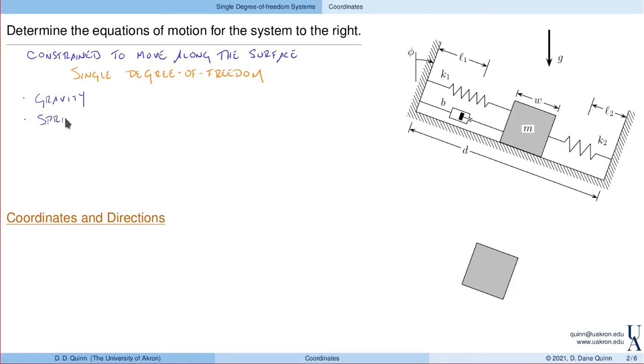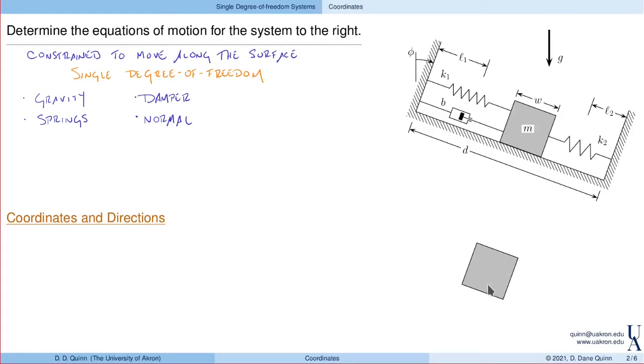Those definitely act on the block. We have a force due to the damper. And then finally, we have a normal force from the surface. That essentially maintains contact between the inclined slope and the block.